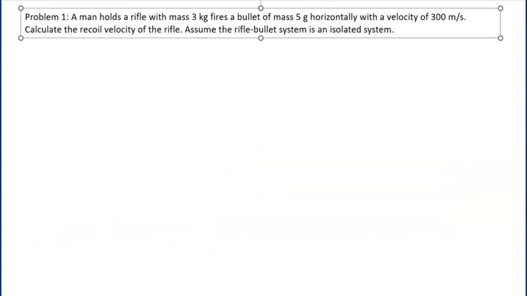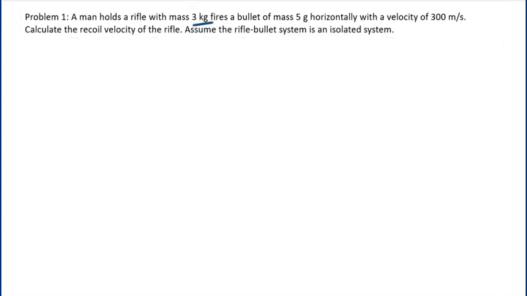Let's apply the concept to the following problem. So what do you have here? A man holds a rifle with mass 3 kg, and this rifle fires a bullet of mass 5 gram horizontally with a velocity of 300 meters per second. Now calculate the recoil velocity of the rifle. Of course we have to assume that the rifle-bullet system is an isolated system so that the conservation of linear momentum holds. So this is a two-body system. Let's look at the initial state and the final state.